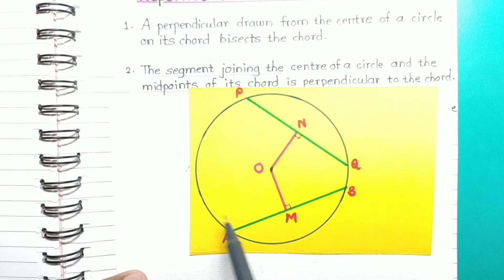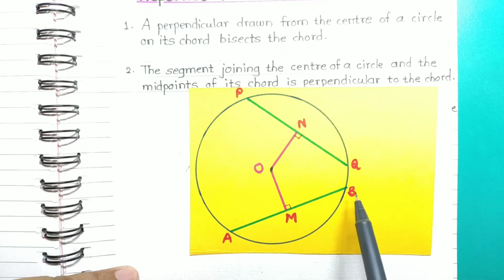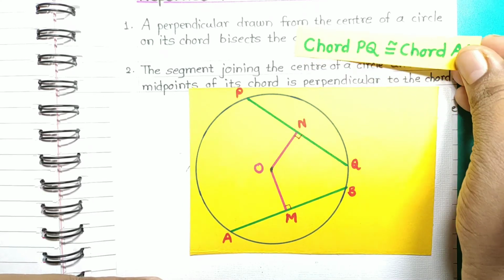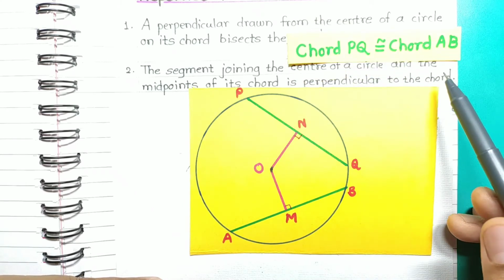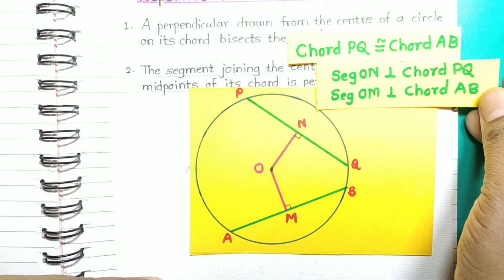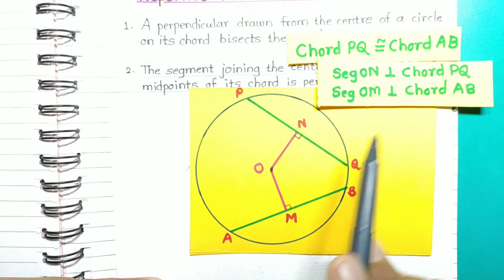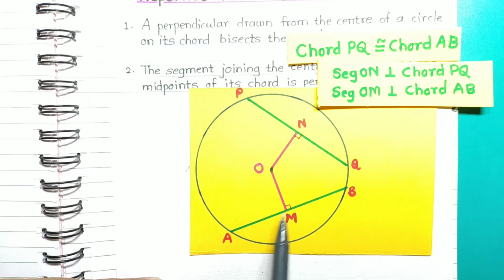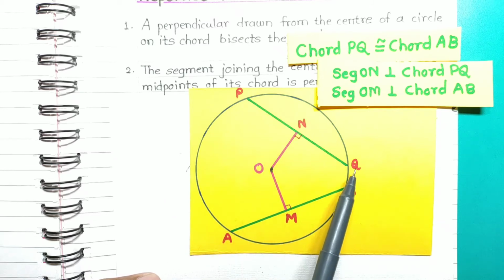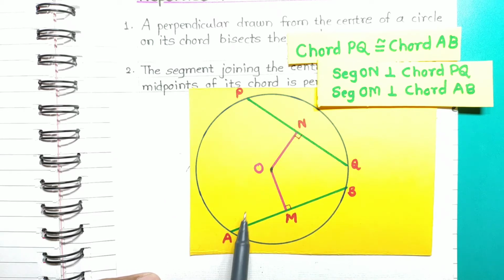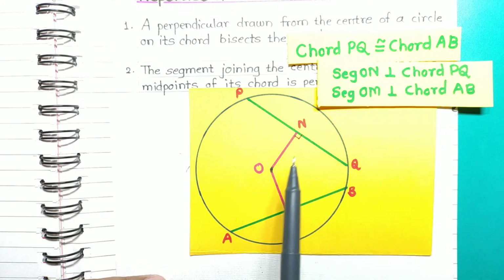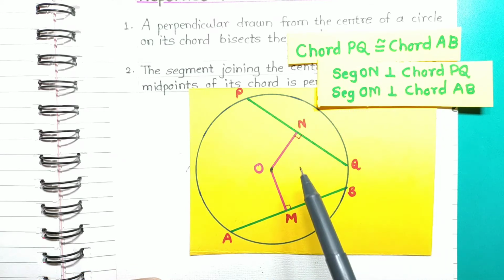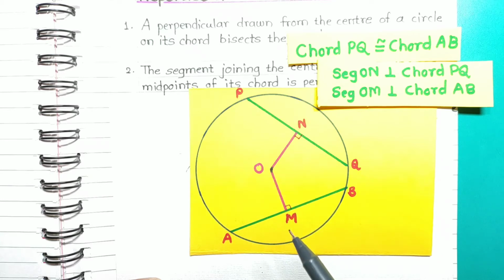Okay. Students, then consider the next figure. It contains a circle with center O and chords PQ and AB. Here we are given that chord PQ is congruent to chord AB, and segment ON is perpendicular to chord PQ and segment OM is perpendicular to chord AB. So ON is the distance of chord PQ from center O and OM is the distance of chord AB from center O. So here we are given that these two chords PQ and AB are congruent and we are given their distances from the center.